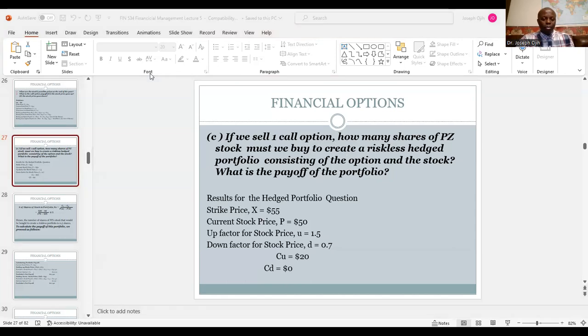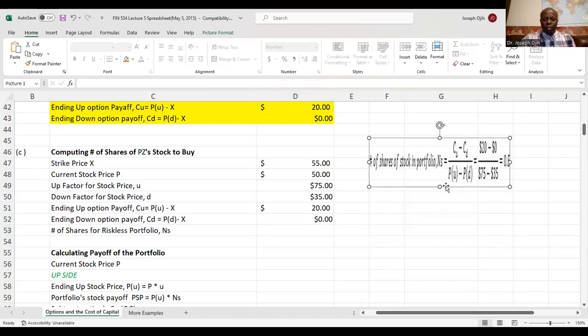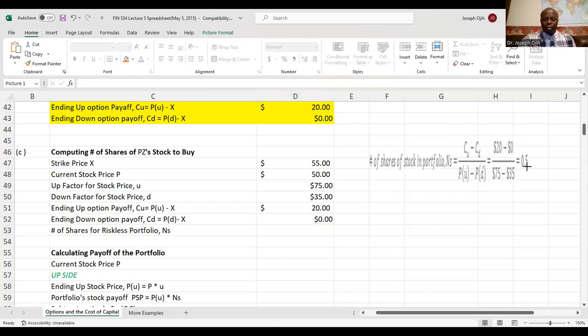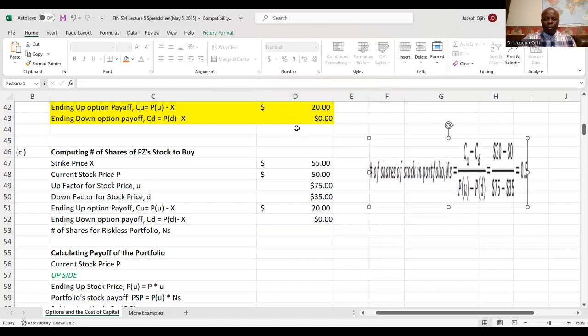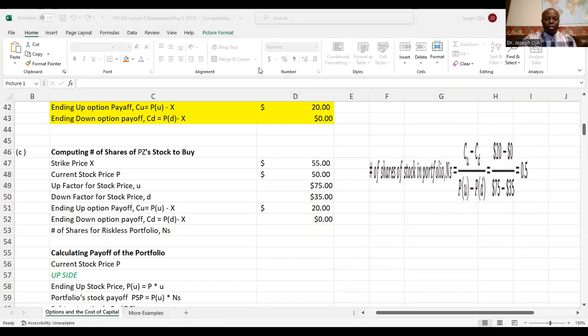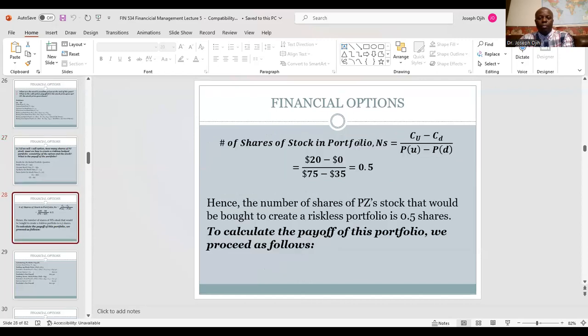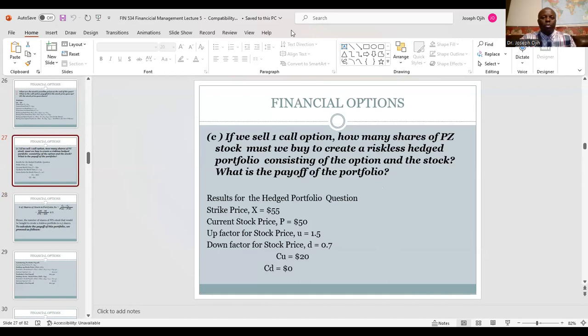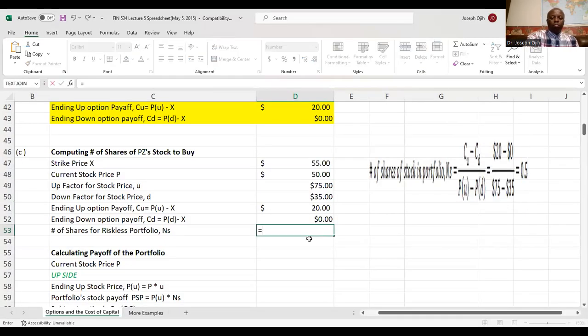Now, let me take you to Excel. This is the formula we're going to use to find that here. As a matter of fact, I have the formula inside this place too. You can see it from here in PowerPoint. So meanwhile, let me go back to Excel. Using the formula, I'm going to use it here. Equal CU.